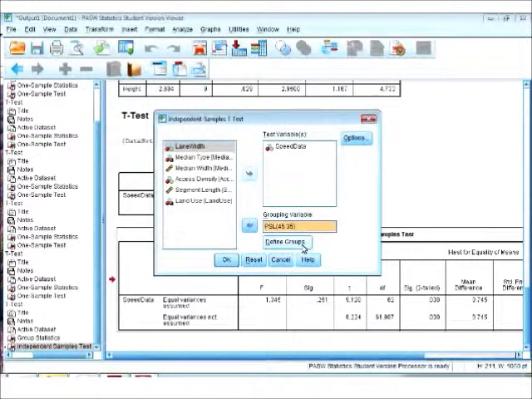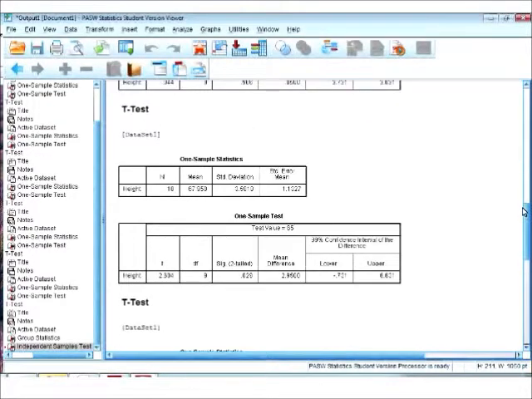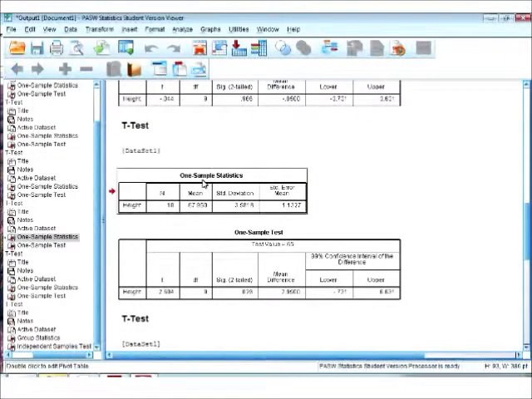Okay, let me try. This was one-sample statistics, correct? I don't have that equation here, but I'll show you that equation next time. Those equations are complicated, where the sample sizes from both groups are considered, the standard deviations from both groups are considered, and then the degree of freedom is computed.